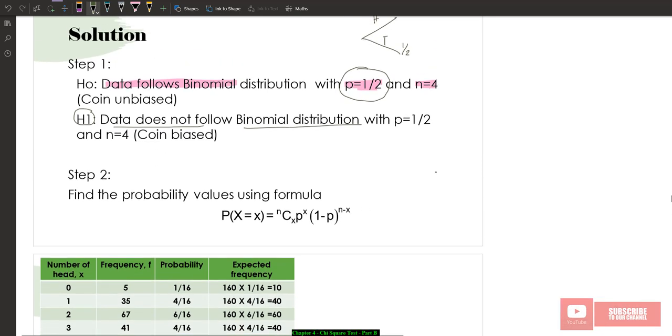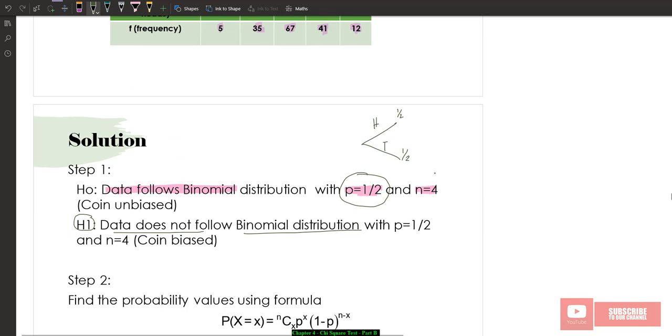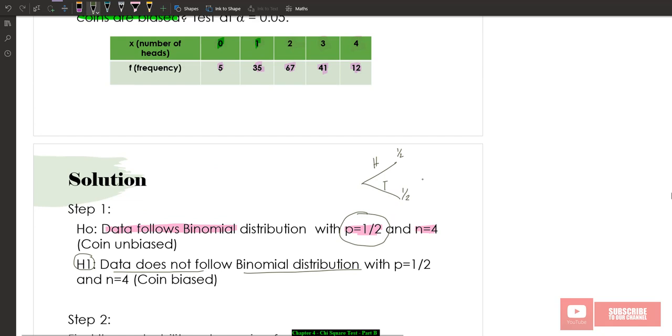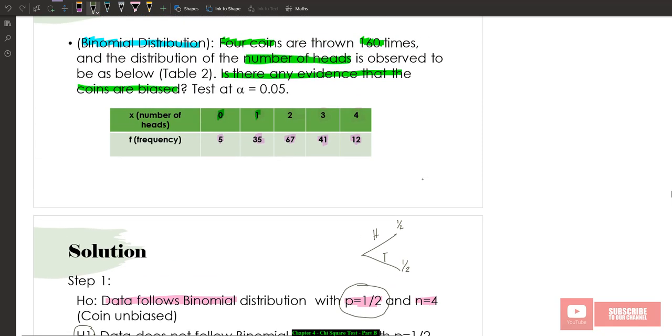So step number 2, we need to find the probability value using the formula n choose x, probability of success power of x, 1 minus p power of n minus x. If you're wondering why n equal to 4, you need to carefully read the question, because we have 4 coins thrown 160 times.